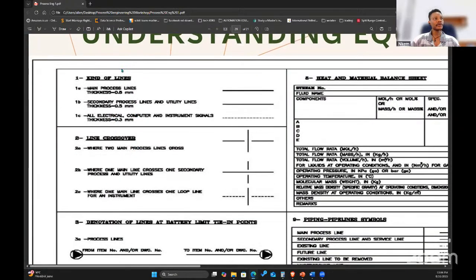So we're going to go from this part. If you can see this, these are the kinds of lines you find on the PFD. Can you see this? Please, I need you to respond or react so I can know that you are following. Okay. All right. Thank you.